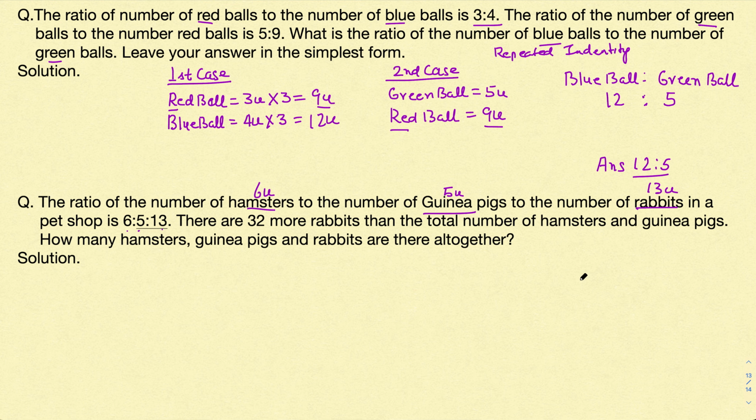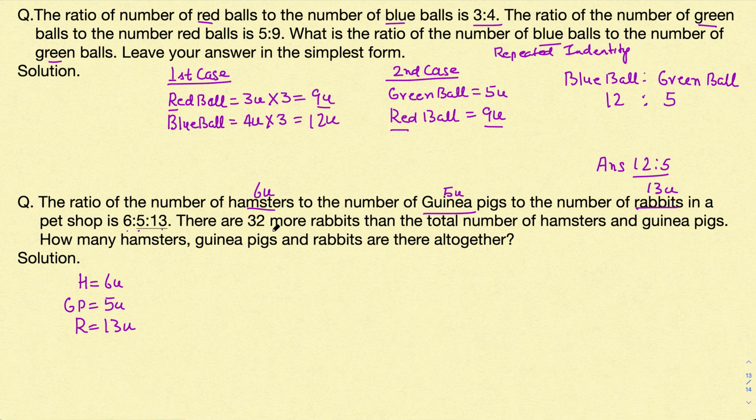So what do we have here? The number of hamsters is how many units? Let's start writing our solution. Hamsters are 6 units, guinea pigs are 5 units, and the rabbits are 13 units.